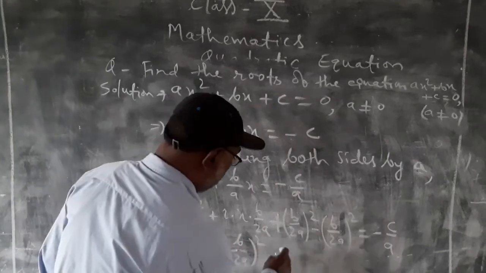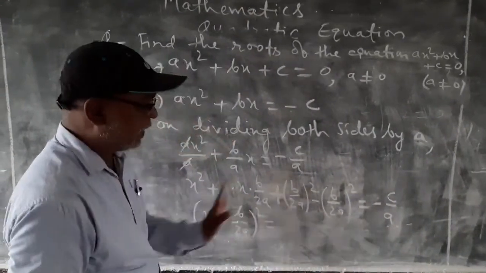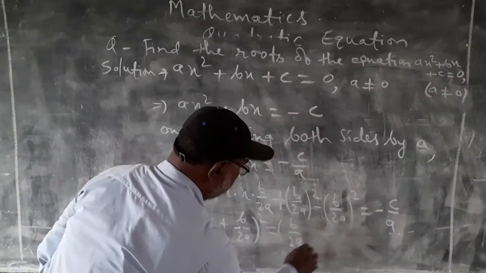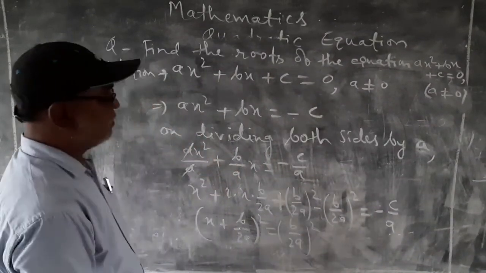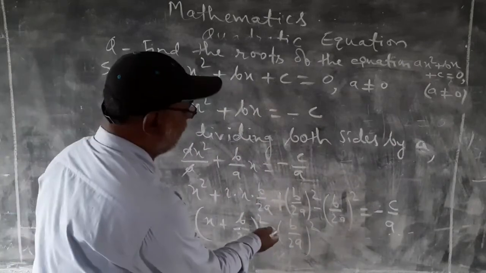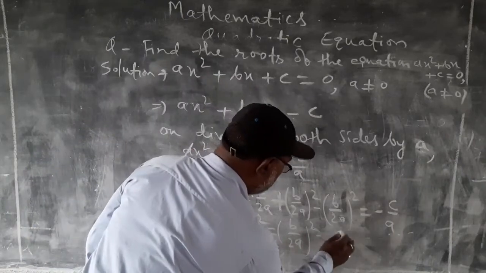And take this b by 2a whole square to the right side. This one is negative on the left side, therefore on the right side you have to write it as a constant. Minus b by 2a whole square changes to plus b by 2a whole square, along with minus c by a.